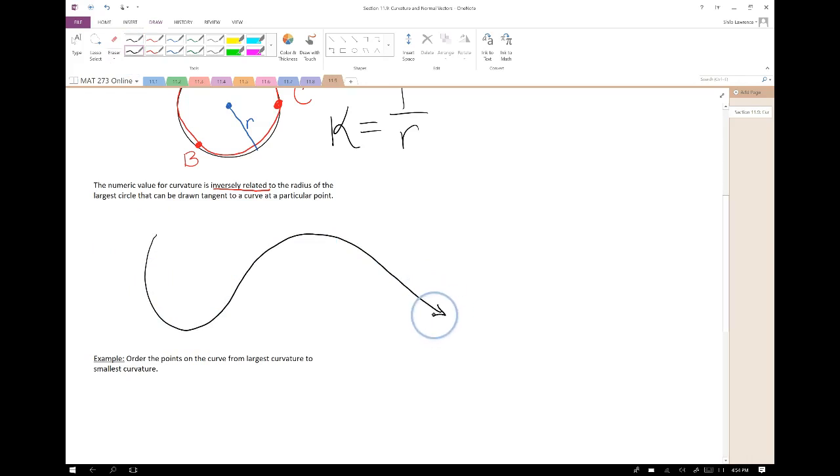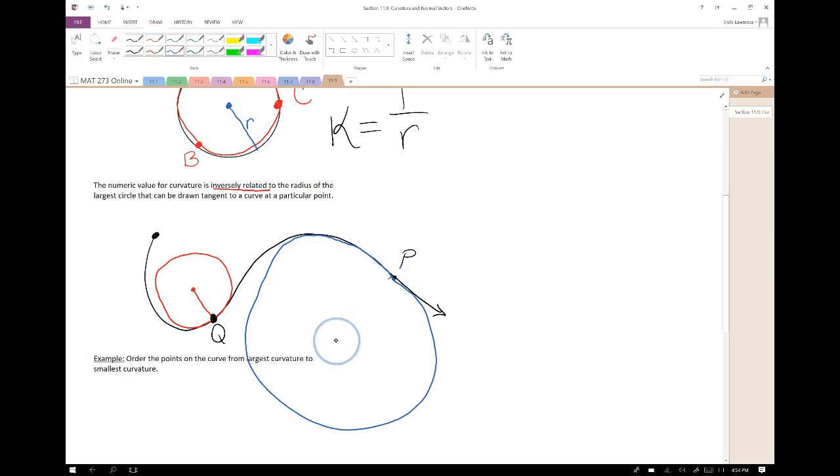So this is similar to the curve we had above. And here's our Q, here's our P. If we actually wanted to see these circles, and I'm a terrible drawer, we could see the circle that gets drawn at Q. And if we look at the circle that we would draw at P, just pretend it's a circle.